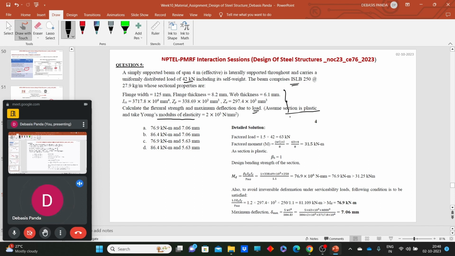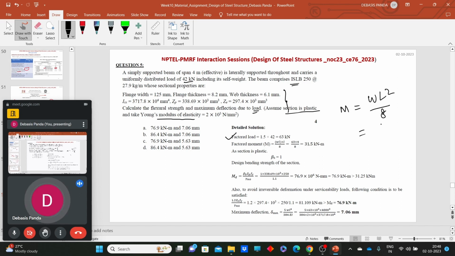So first we need to calculate the factored bending moment, then we can calculate the bending strength, and subsequently the deflection. The factored load will be 1.5 into 42, that means 63 kilonewton. Now what will be the factored bending moment? M will be W into L square by 8.